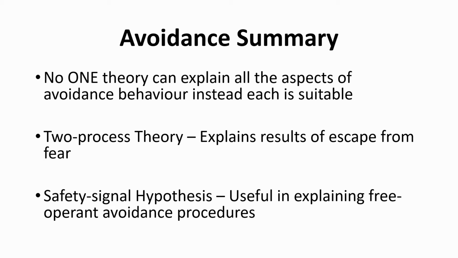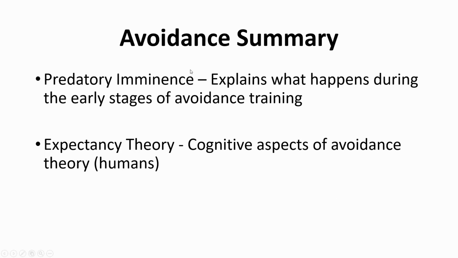To that end, we can talk about our two-process theory as explaining the results of escape from fear. It works best when we observe escape from fear type behavior. Our safety signal hypothesis is very useful in explaining our free operant avoidance procedures. Our predatory eminence theory explains what happens during the early stages of avoidance training.